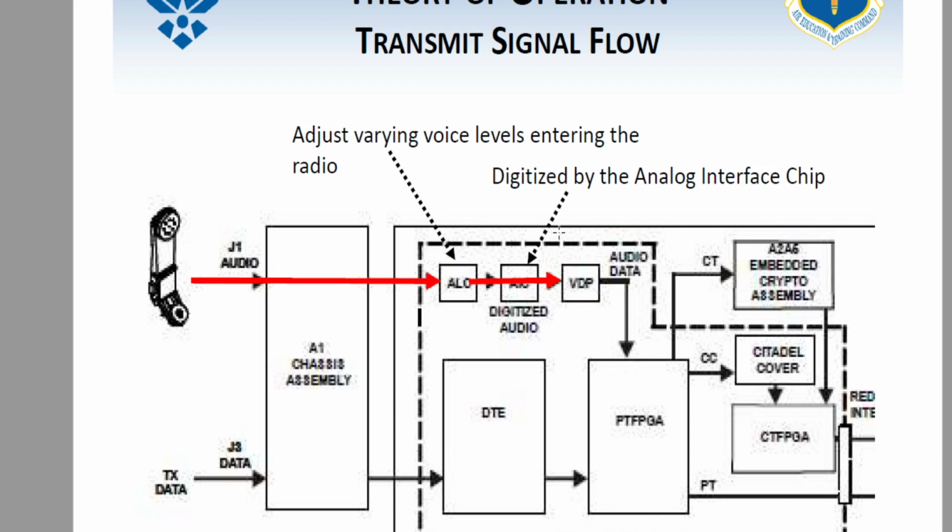Why do you guys think it's going to digitize that information? Okay, what else? Other than just sending it, what do we know about digital technology versus analog going through things like this? Yeah, that's a great answer right there.